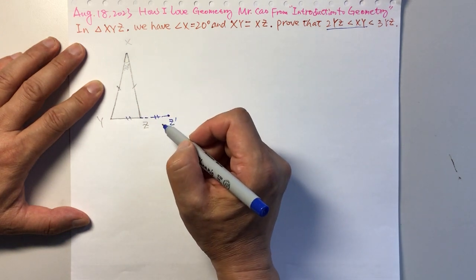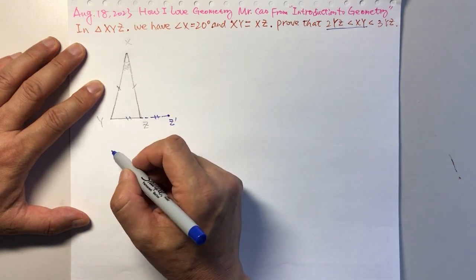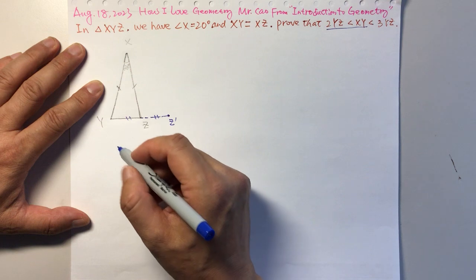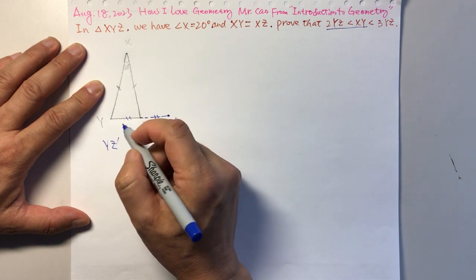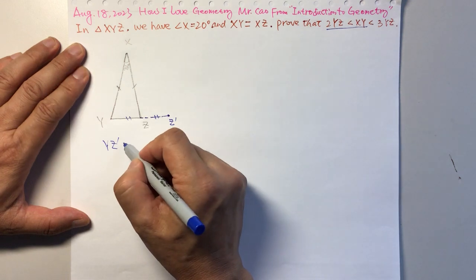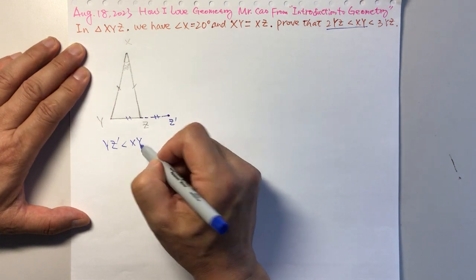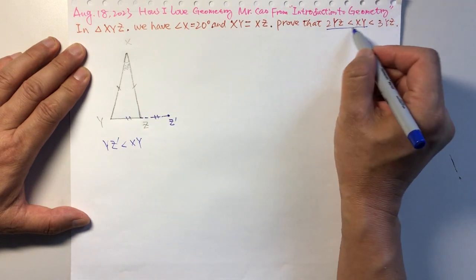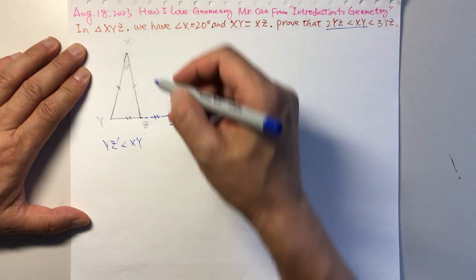Now the problem converts to: we just need to prove YZ' is less than XY, right? It's the same thing, because YZ' is double YZ.